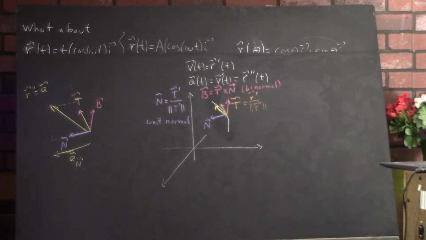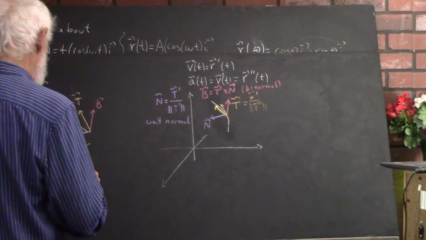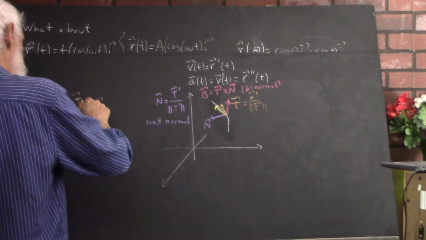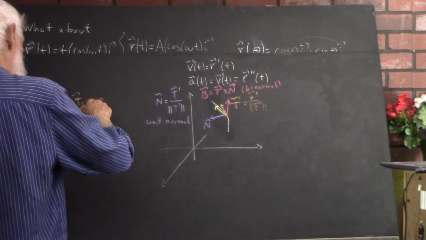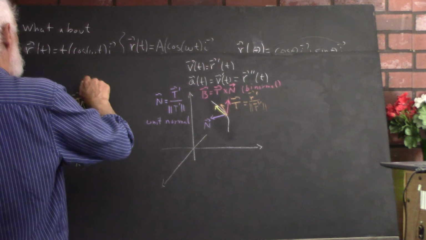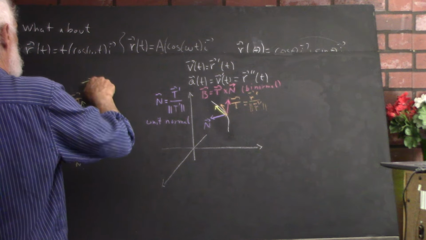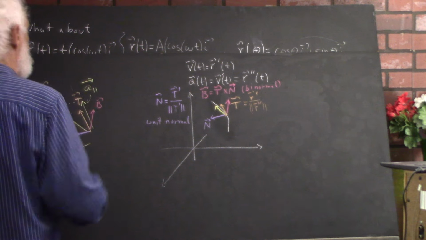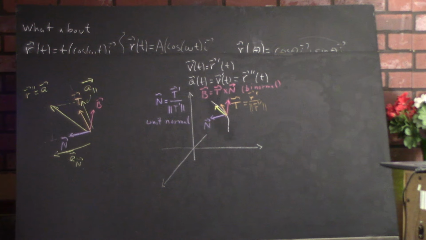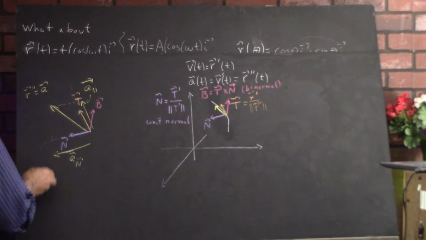Which could be denoted A normal, and over here A parallel. The components of your acceleration vector.